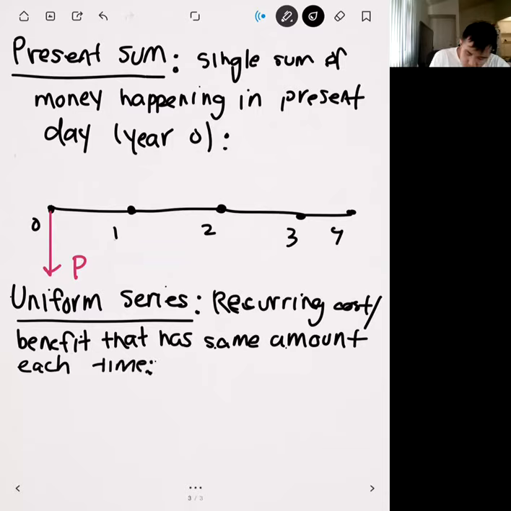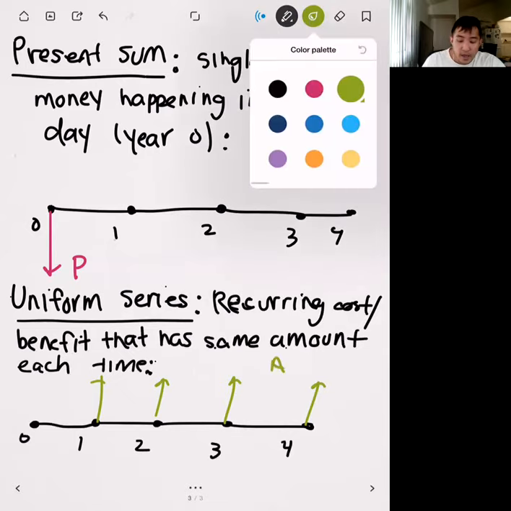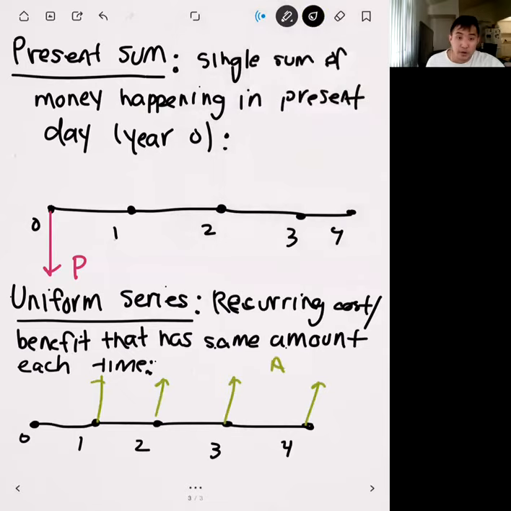We can draw the cash flow diagram for this. Let's say we want to do a uniform benefit that takes place for 4 years, and the uniform benefit amount is given the value A. That will be our uniform series.